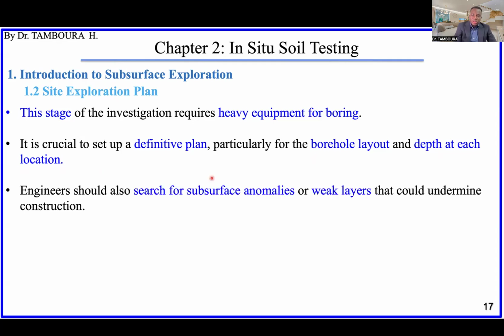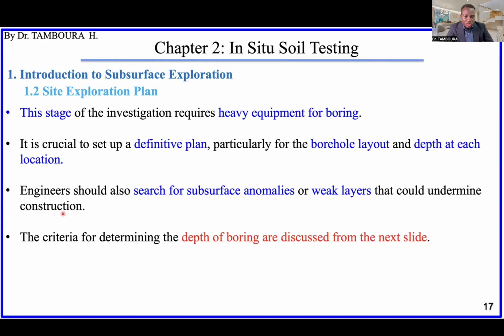Okay, so you should, as a geotechnical engineer, search for subsurface anomaly or weak layers that could undermine the construction. So the criteria for determining the depth of boring are discussed from the next slide.